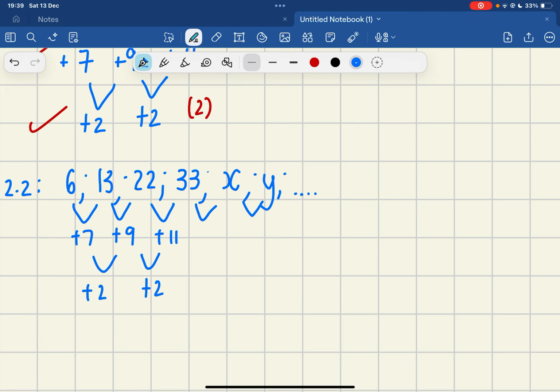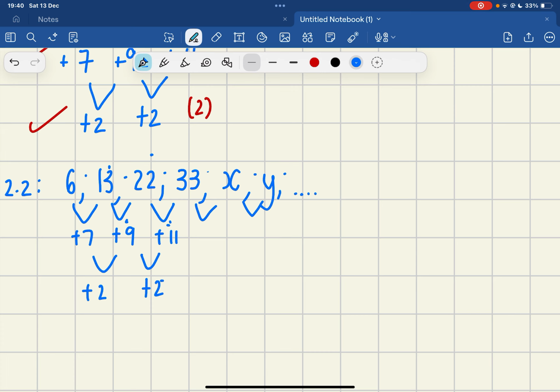So what's happening is that we're adding 2 to each and every term to get the next one. For example, we added 2 to 7 to get 9, and then 13 plus 9 gives us 22. Another example, from 9 we added 2, we got 11, and then we add 11 to 22, we got 33.